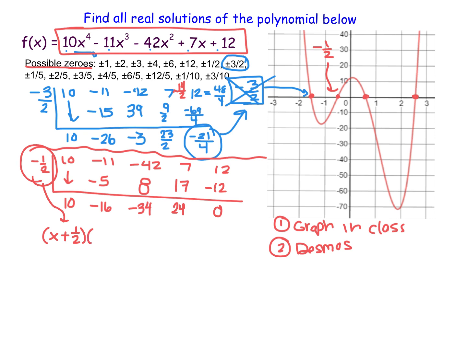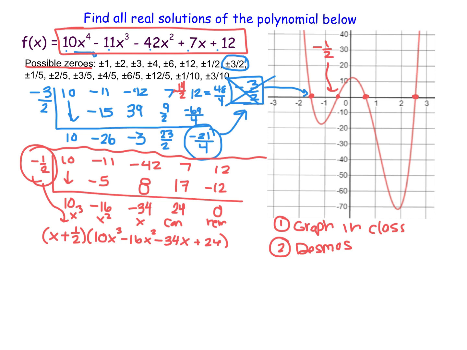And I can then include this next part here. So this was my remainder. So this is my constant, my x squared, and my x cubed. So I have 10x cubed minus 16x squared minus 34x plus 24.